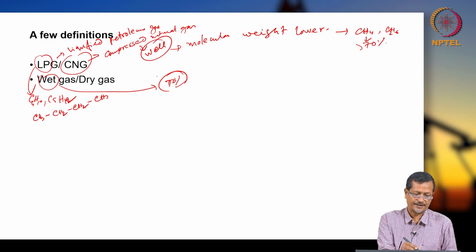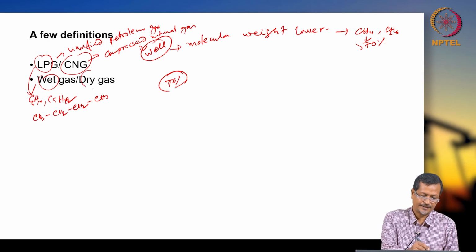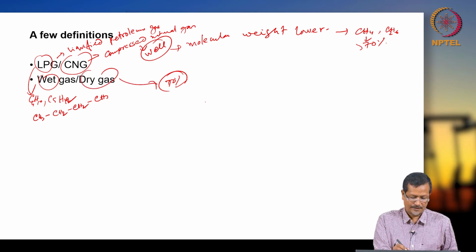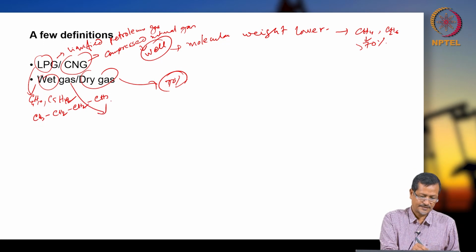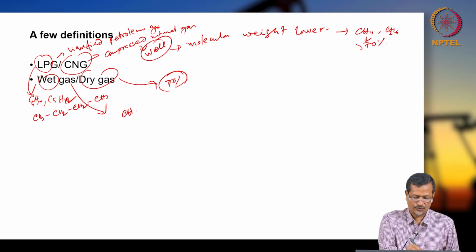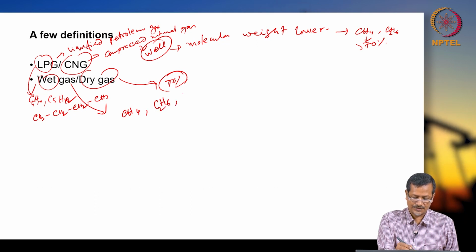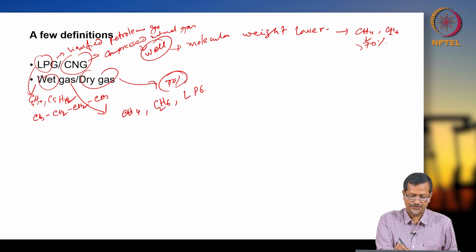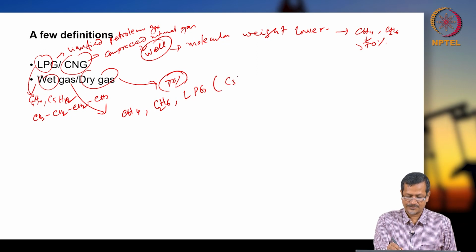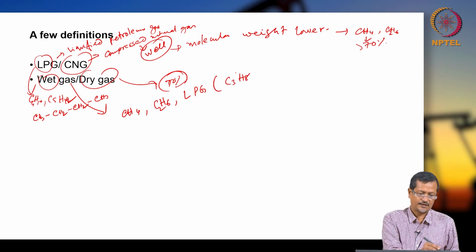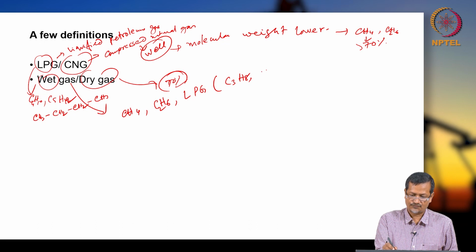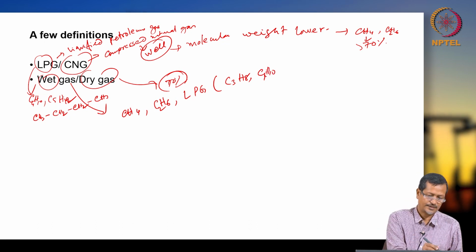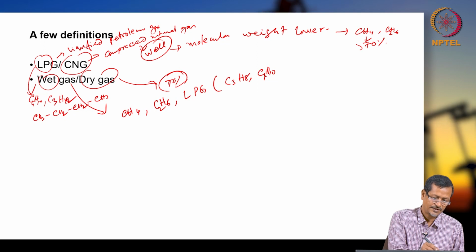And wet gas contains CH4, C2H6, and LPG components, liquefied petroleum gas, like C3H8, C4H10.